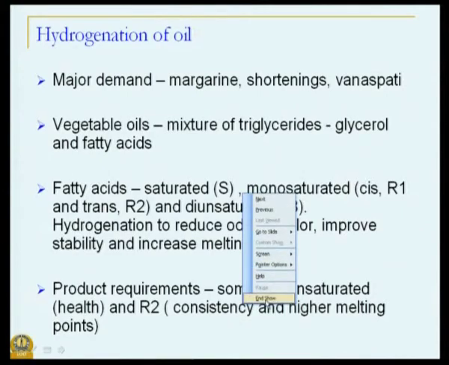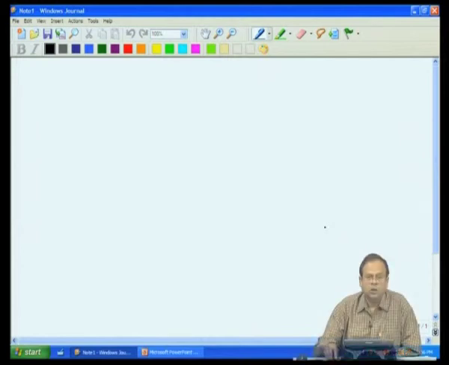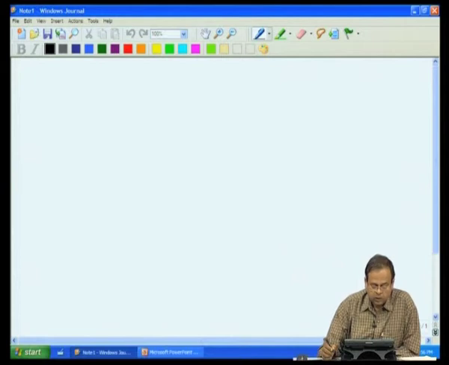So, let us start our discussion by looking at what exactly is happening when we are trying to hydrogenate this oil. So, we can represent our reaction scheme.